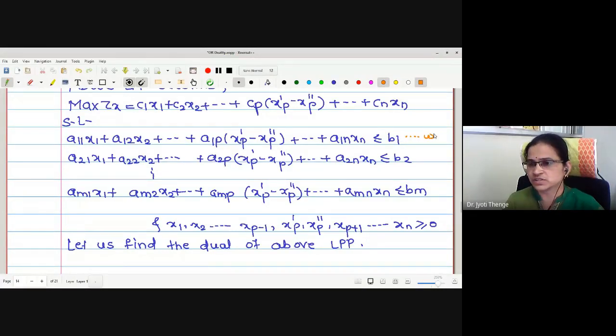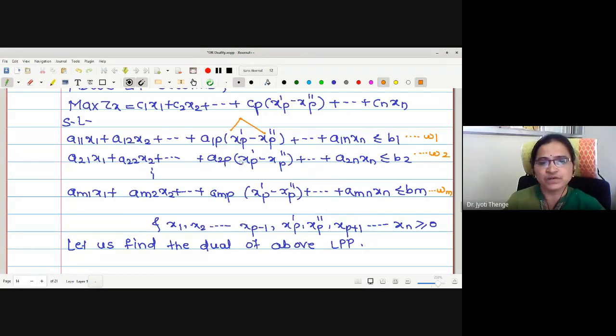Suppose for the first constraint I am using w1, this is w2, and let it be wm. Now you will write the constraints. While writing the constraints, when we reach this part, we have to write two different constraints. One constraint collects the coefficients of x_p dash, another collects the coefficients of x_p double dash.